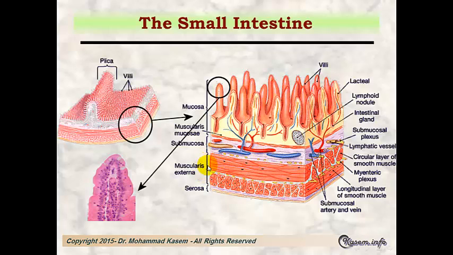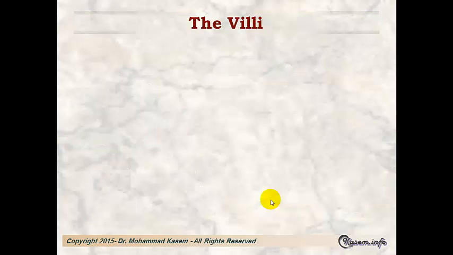The muscularis externa, or sometimes we call it the musculosa, is composed of an inner circular layer of smooth muscle and an external longitudinal layer of smooth muscle. It has a myenteric plexus or Auerbach's plexus between the inner circular and outer longitudinal layer, and the serosa layer, which is a connective tissue covered with a peritoneal covering.